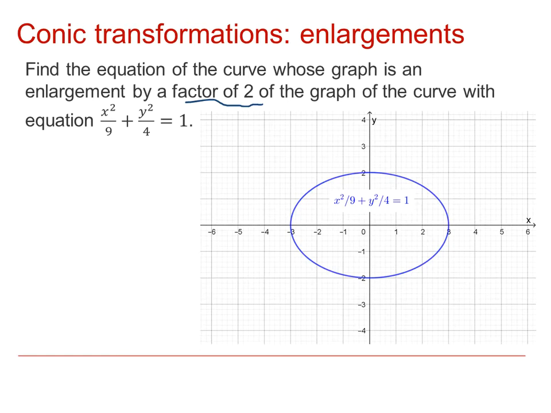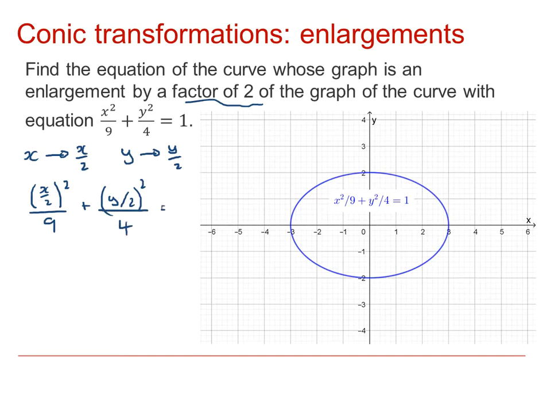So we're going to get our new equation by transforming x to x over 2 and y to y over 2. So the new equation is going to be (x over 2) all squared divided by 9 plus (y over 2) all squared divided by 4 equal to 1.